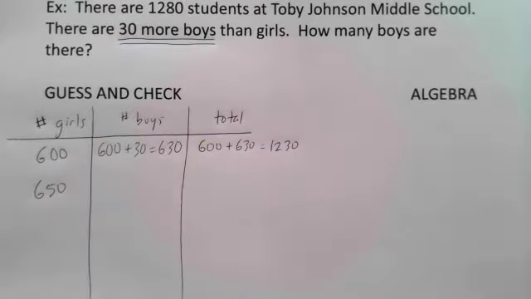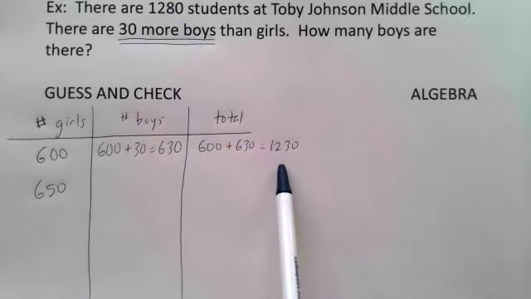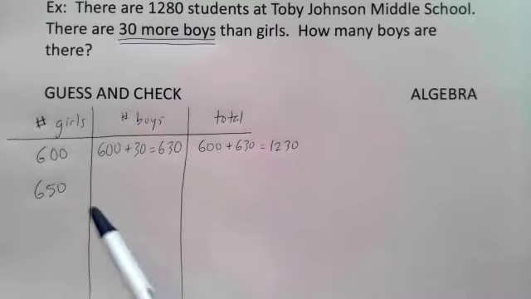You could guess at 700, you could guess at 800, you could guess at 612. Just guess bigger than 600 because we know this is too small, right? We know it's supposed to be 1,280, so that's too small. We need more people. There's no particular reason why I put 650 here. I'm just trying to get something bigger than that.